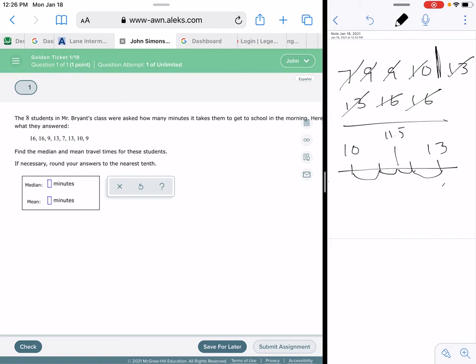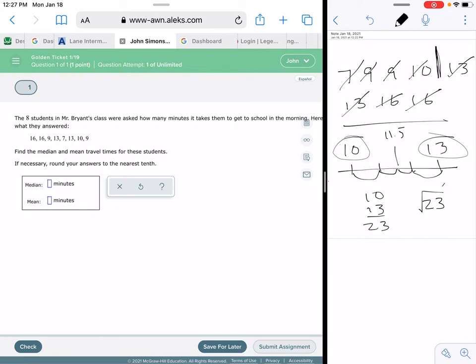Now, if that doesn't work for you, the mathematical way to do it is to find the average of 10 and 13. You just add 10 and 13, you get 23, and then to find the average of something, you take the number and divide it by how many there are.